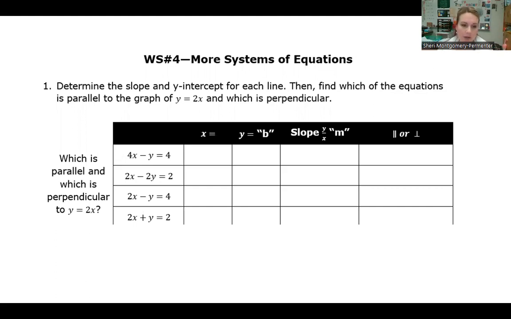But what do we know about parallel lines? What do we know about their slope? The slopes of parallel lines are the same. So if this is the equation that we're comparing everything to, we need to know what the slope of that line is.